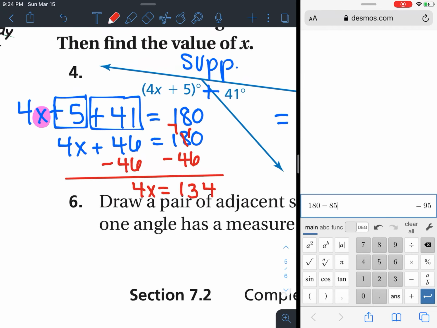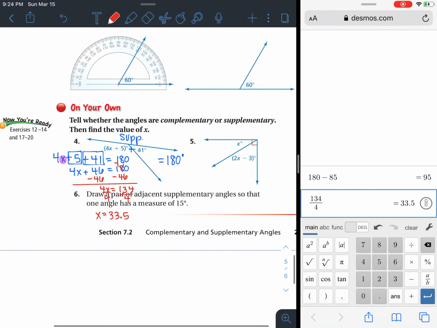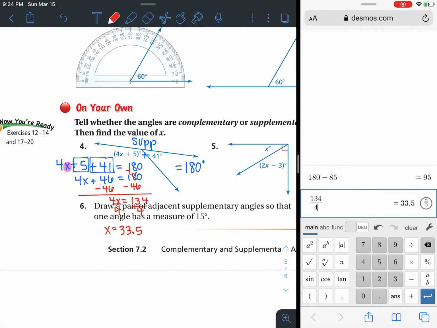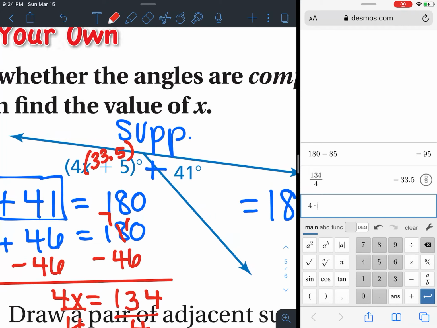That gives us 134. Last step, divide by 4. So 134 divided by 4, x equals 33.5. It doesn't ask us to, but to find the other angle measure, we could plug in 33.5. So 4 times 33.5, and then plus 5, is 139.